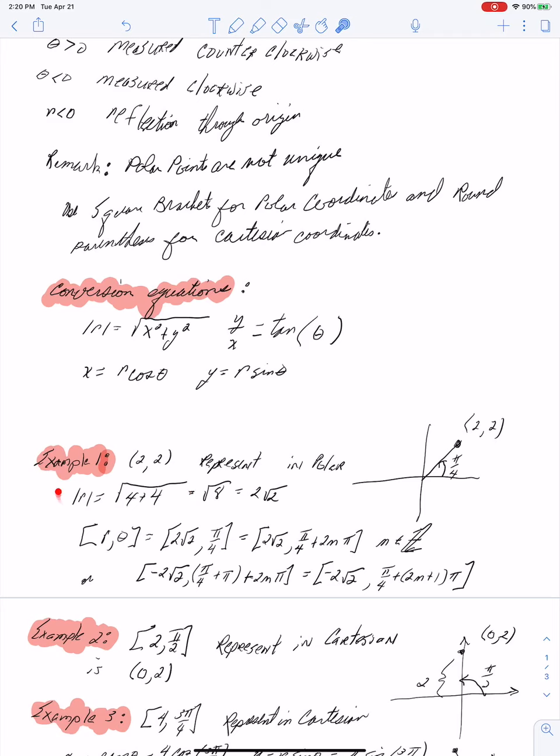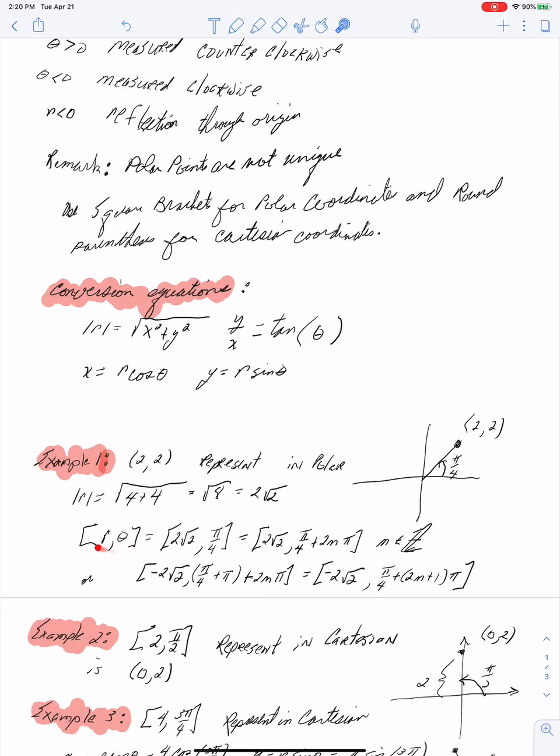So the absolute value of r is 2 square roots of 2. Okay, now what's the angle? Well, since that splits quadrant 1 in half, that angle is, of course, pi over 4. I could also find it by using this little equation here, right? 2 divided by 2 equals a tangent of theta, find theta.